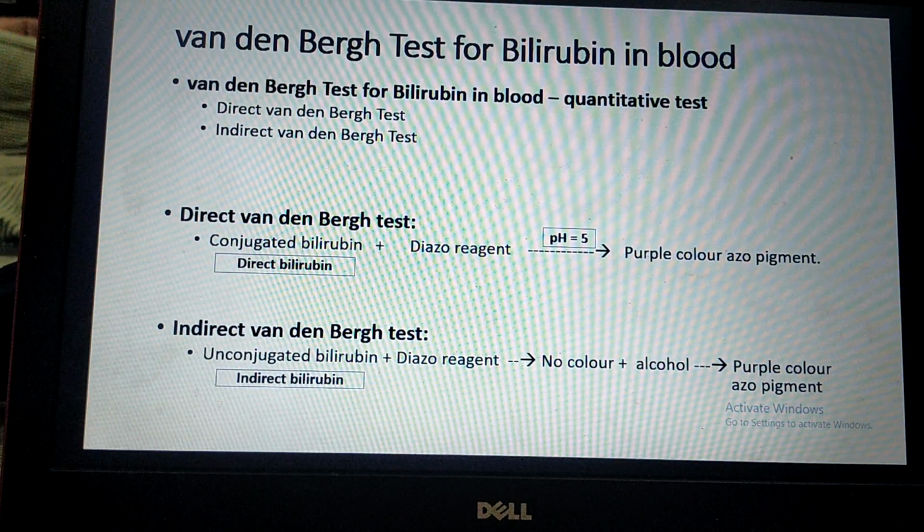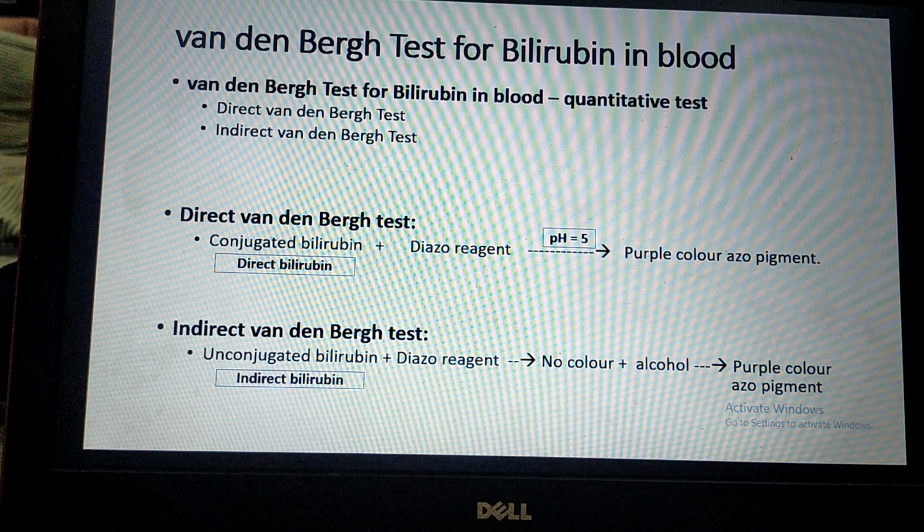This is the Van den Bergh test for quantitative estimation of bilirubin. As I have told you, two types of tests are there: direct Van den Bergh test and indirect Van den Bergh test. In the direct Van den Bergh test, conjugated bilirubin directly combines with diazo reagent and forms a purple color azo pigment at pH 5.